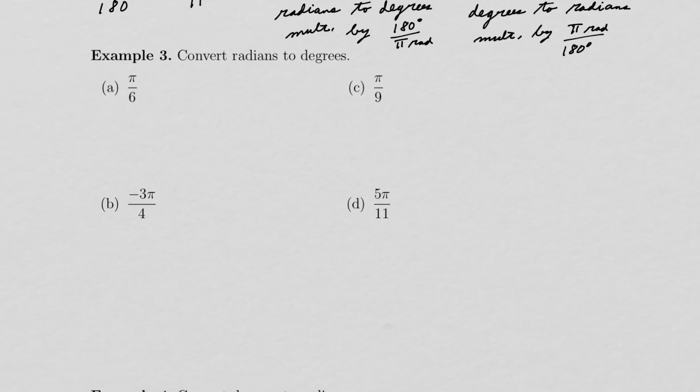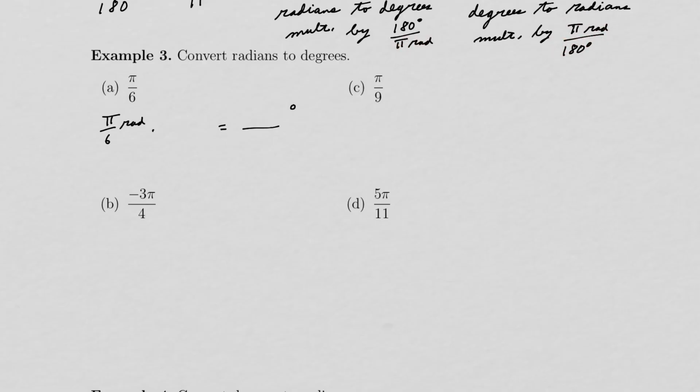So this first example, I'm starting with pi over 6 radians. Now, I want my answer to be in degrees, right? So I need to multiply by a unit conversion factor such that the radians will cancel and I end up with degrees in my answer. So should I multiply by 180 degrees over pi radians or by pi radians over 180 degrees?